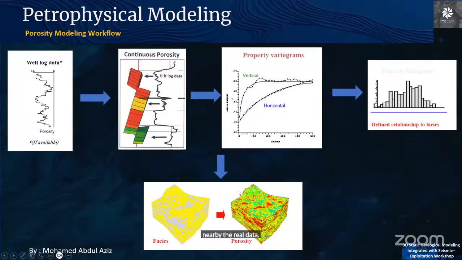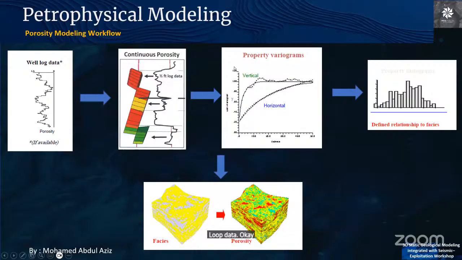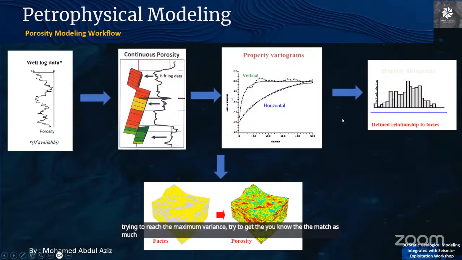The porosity modeling workflow starts from the well logs, then goes through upscaling the cells, which respects the high resolution log data. See, this is half-foot log data. Then we go for the property variograms, trying to reach the maximum variance and get the match as much as you can.